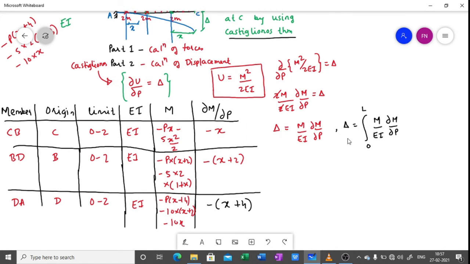Now we can use this formula, that we know how to find delta, deflection, by using Castigliano's part 2 theorem. We can make use of this formula. We need to refer to this table.